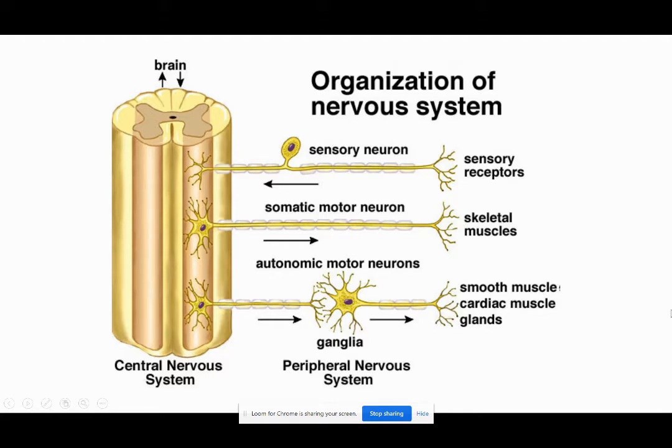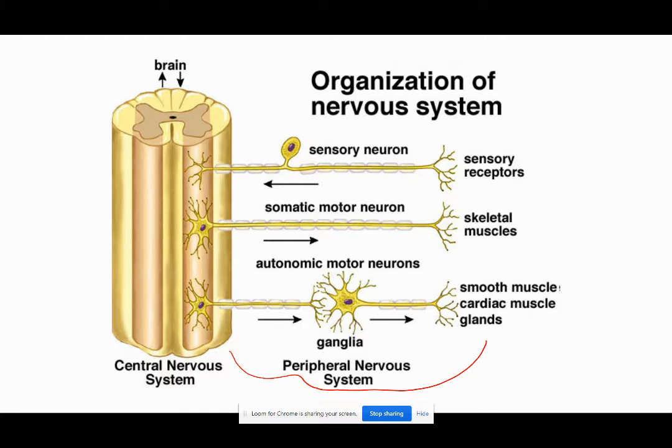This diagram here shows us the CNS on the left with the spinal cord sending information to and from the brain and the body. Everything you see here makes up the peripheral nervous system, or PNS.